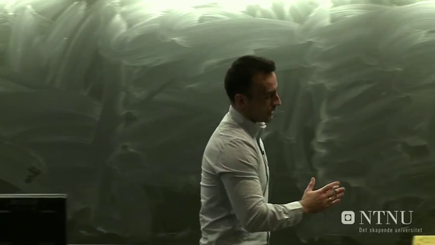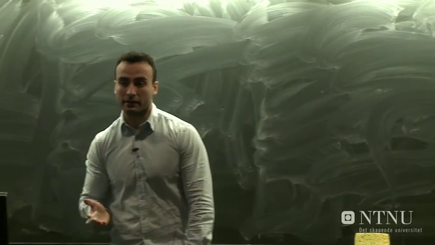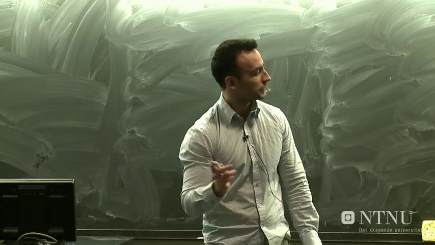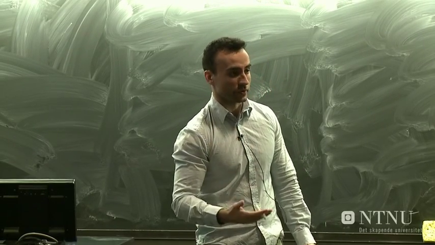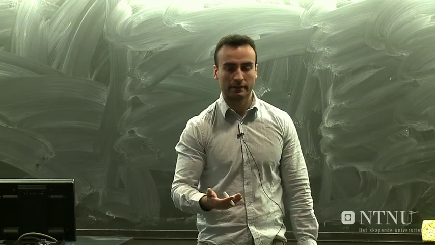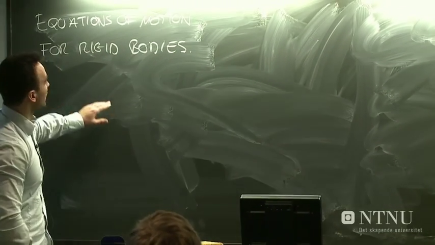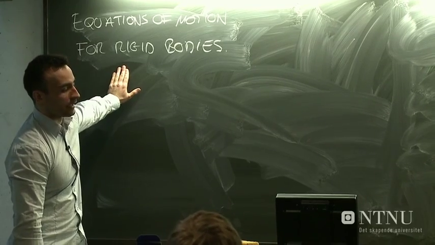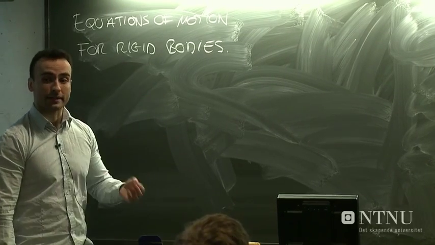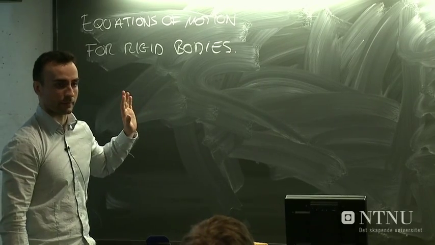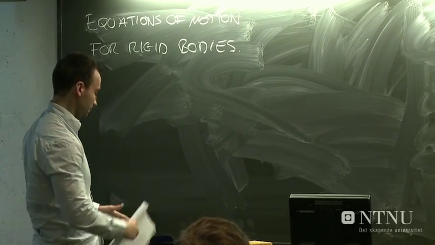So basically, whereas we so far have considered the kinematics of rigid bodies, sort of the qualitative motion that we could expect for rigid bodies, we're now going to have a more quantitative look at the equations of motion that describe this kind of movement.